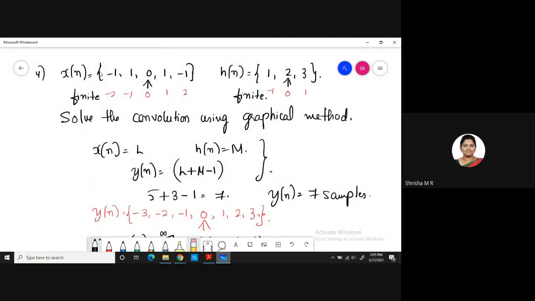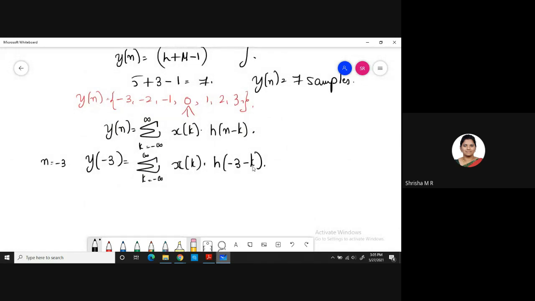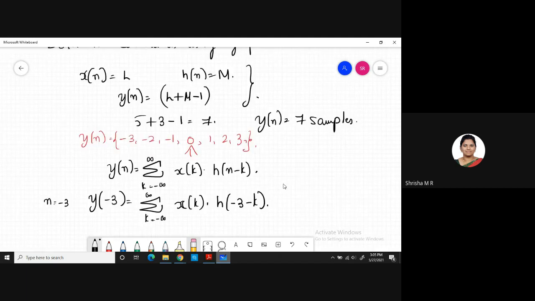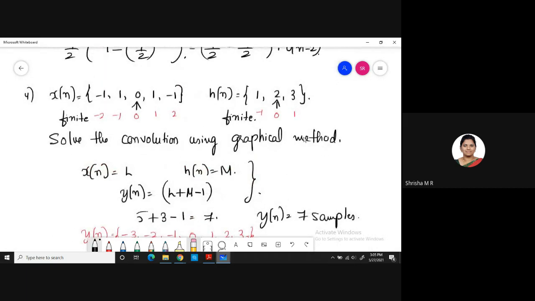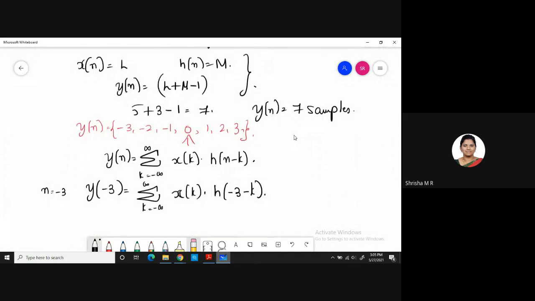In convolution our x-axis is k, right? So we will take this as x of k, and h of n is also known. So you have to plot h of -3 minus k. Before that, you first plot x of n and h of n, then you plot h of -3 minus k.